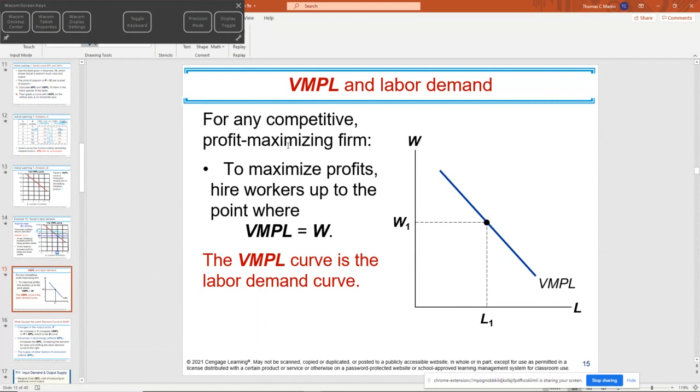All of them, now that we can input the revenue curve, produce at the point where marginal cost is equal to marginal revenue. But with wages, we look at the demand for the workers, which would be the value of the marginal product of labor.